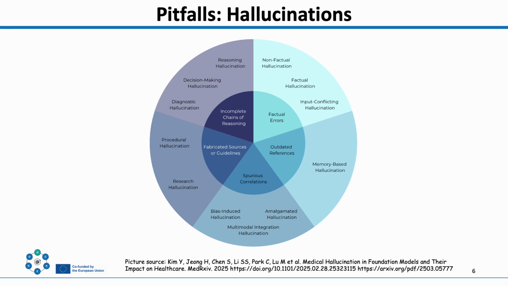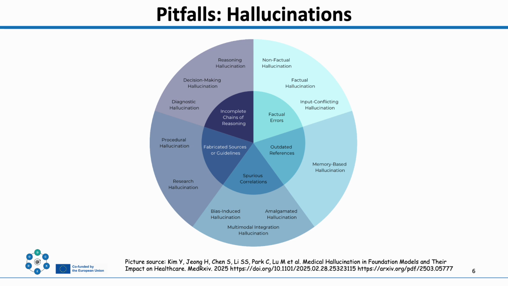Here, hallucinations may merge or misinterpret data in ways that produce unfounded conclusions. Fabricated sources of guidelines. Inventions or misinterpretations of medical procedures and research. And lastly, incomplete chains of reasoning, being flawed or partial logical processes.